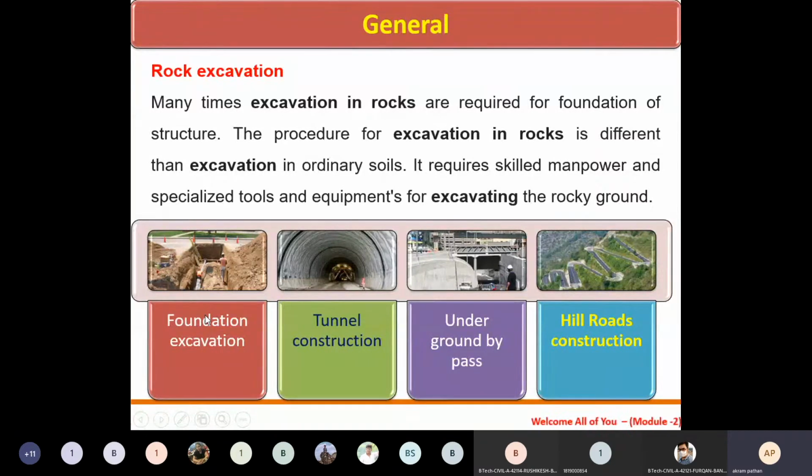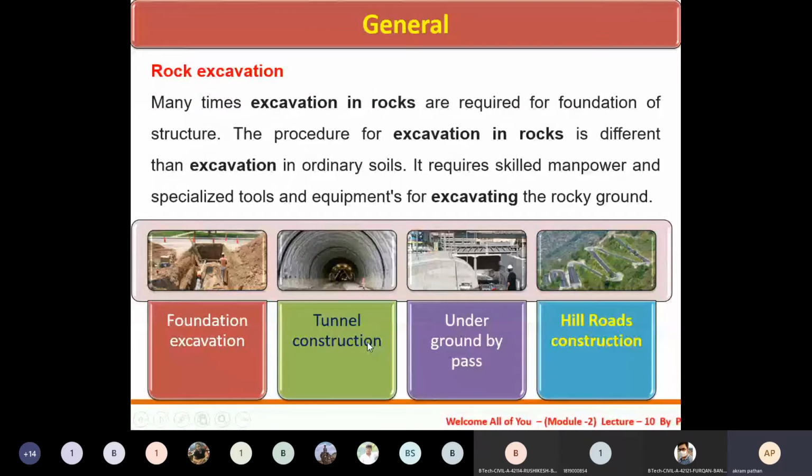We require the excavation up to a certain depth. So we require excavation in a particular rock for making trenches. We are going to talk with practical examples about how a high-rise or tallest building foundation is excavated with the help of certain techniques and methodology.